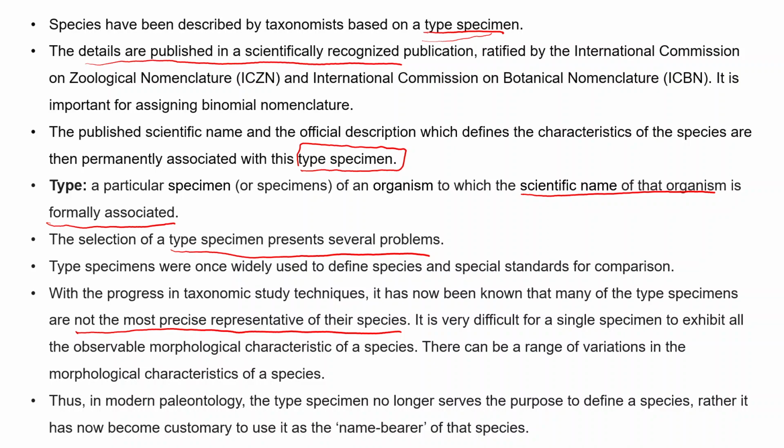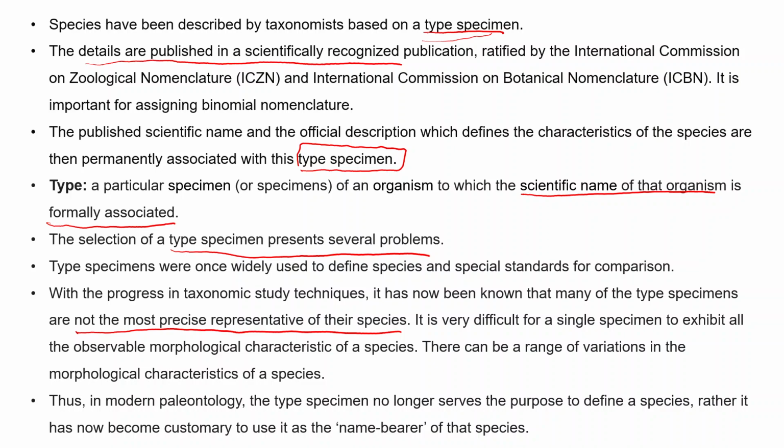So, people have now moved ahead from the concept of type specimen, and they have been consistently looking for specimens which describe a particular taxon in a much better way. There can be a range of variations in the morphological characteristics of a species, which warrants the discovery and use of new type specimens.